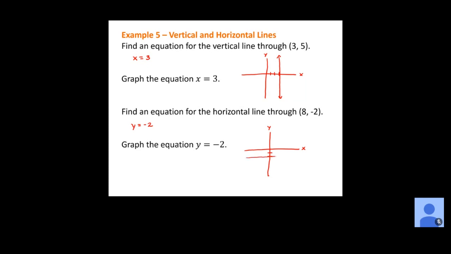This one's going to be left to right, just like this. So this would be our horizontal line, y equals -2. Again, just keep in mind, x equals some number, always going to be a vertical line. y equals some number, always going to be a horizontal line. Any questions on the vertical and horizontal now?